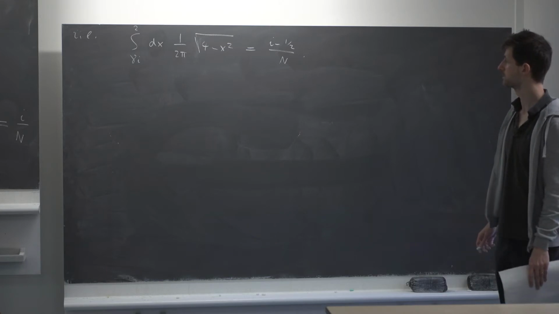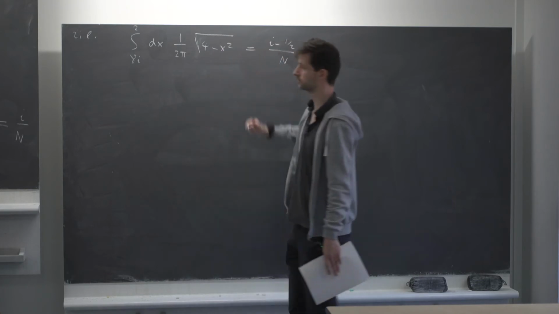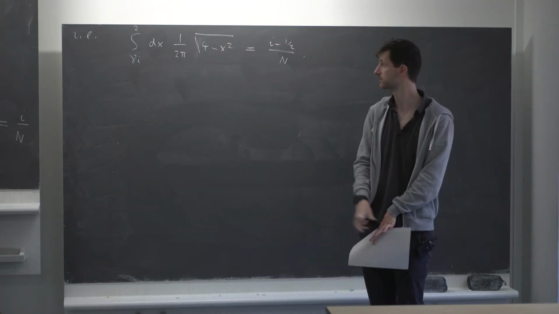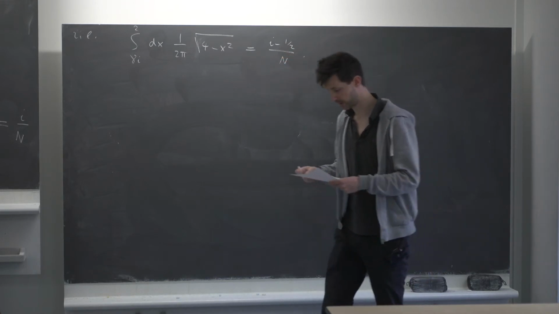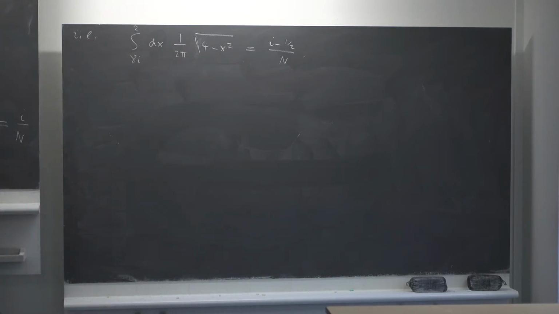Okay, so this defines gamma i, right? As I said, you take the integral of this function and then you take the inverse of this function. You apply it to i minus 1/2 over n, and that's how you find your gamma i. As far as I know, that doesn't have an expression in terms of elementary functions, but that doesn't really matter.